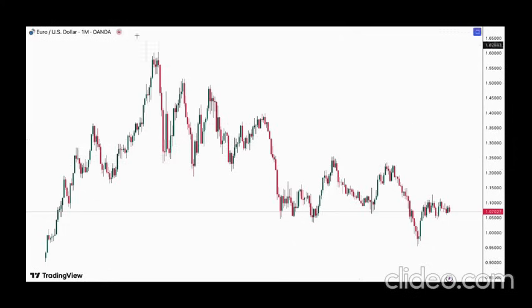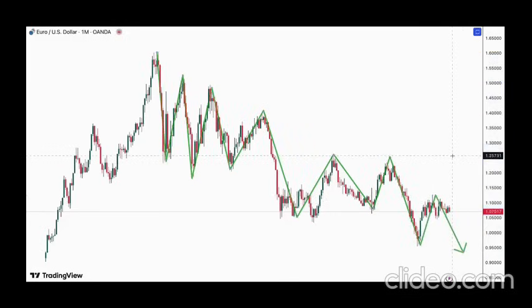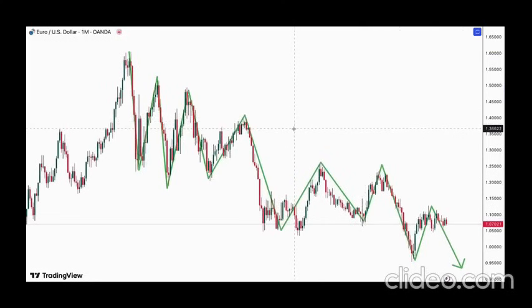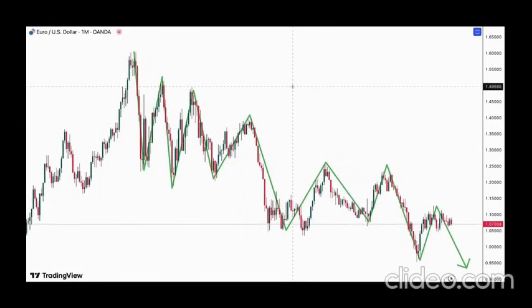Let me use this tool to demonstrate how the market moved by marking these lower lows and lower highs. So this, guys, is how the market moved, and it shows a bearish market from this monthly time frame.